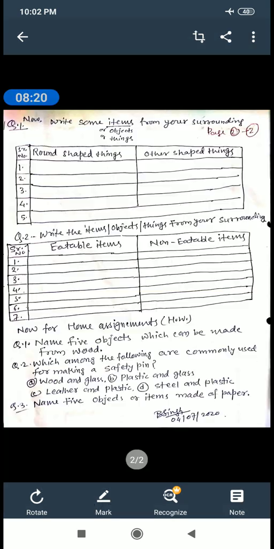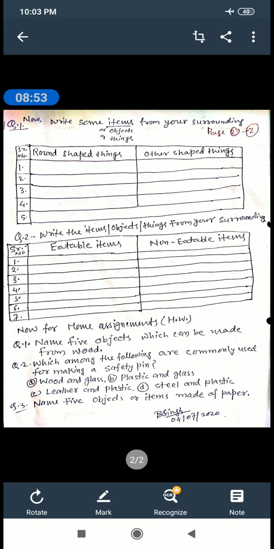So read today's sent materials prepared by me and observe the video and understand the terms.